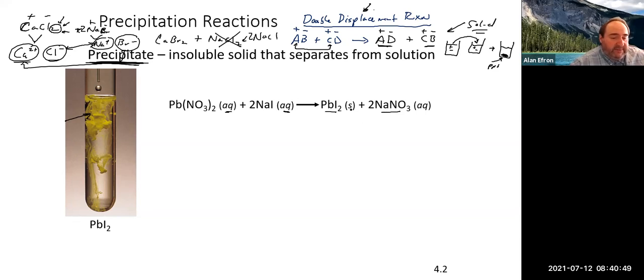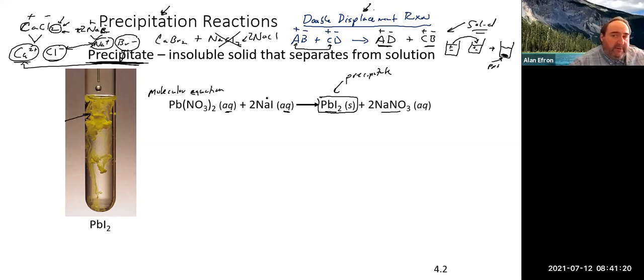We have the same numbers of everybody on each side. This type of equation is referred to as a molecular equation. It basically tells us what is there, what is reacting, and so on. Again, this right here is our precipitate. So this type of reaction would also be classified as a precipitation reaction.